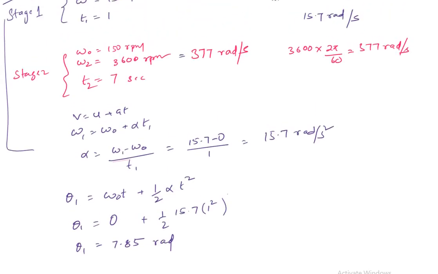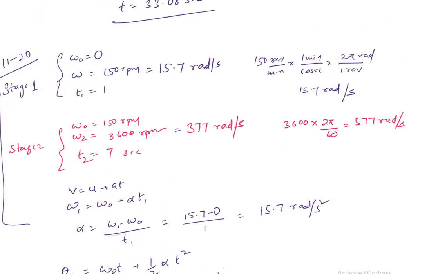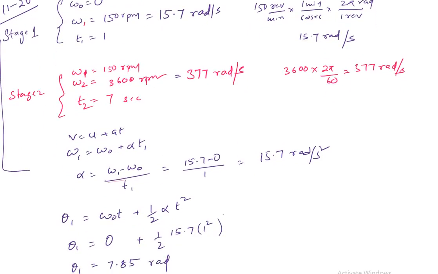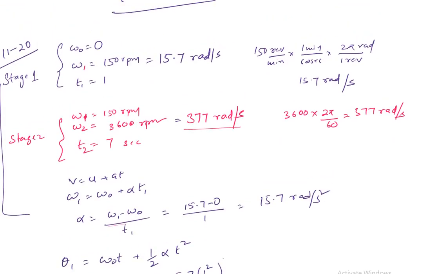Here omega 2 is 377, minus omega 1, which is 150 RPM, that we know is 15.7.